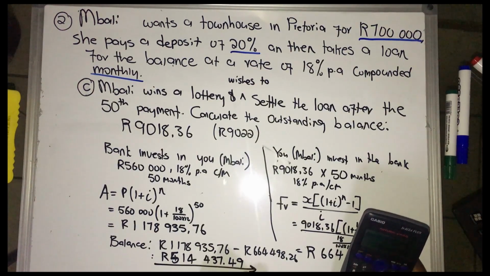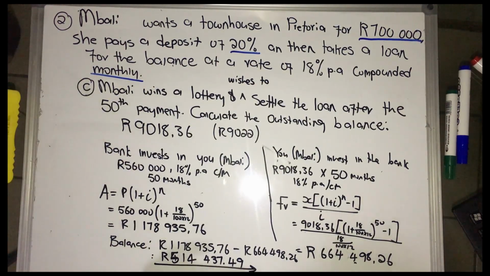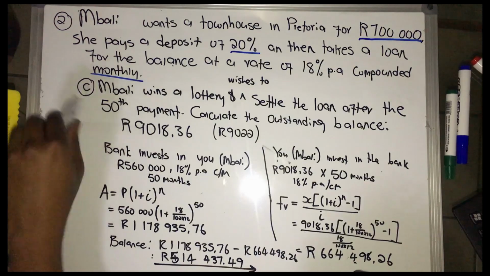So that's the balance. So that's what Mbali would have to pay at the end of the 50th payment.